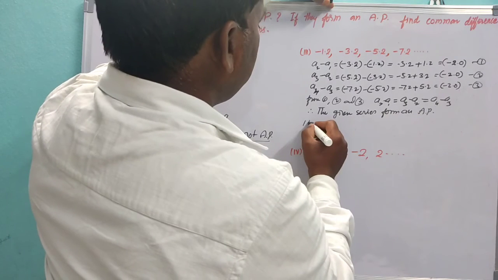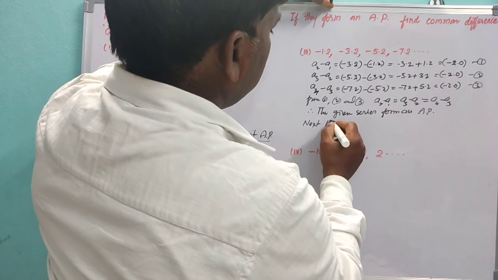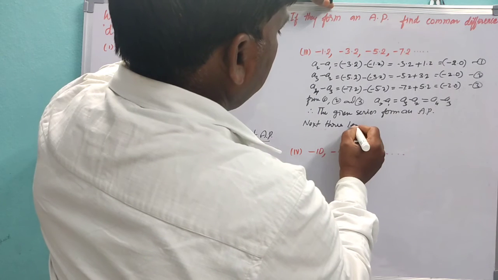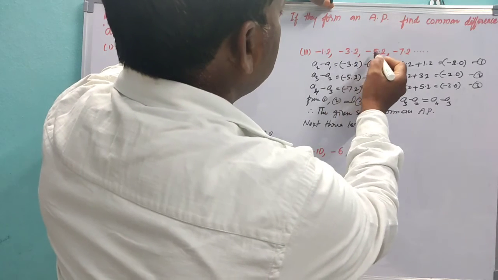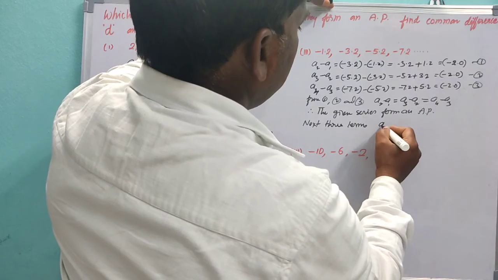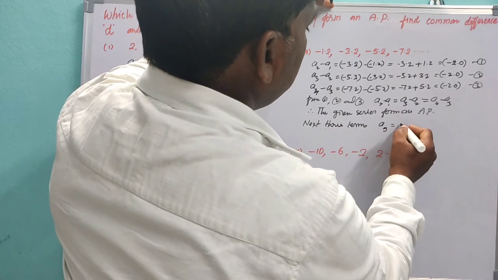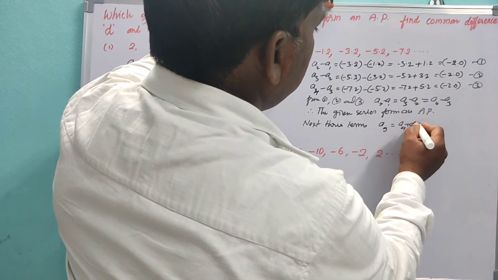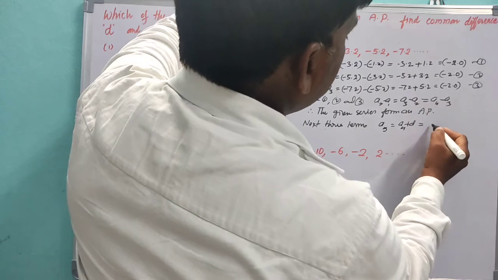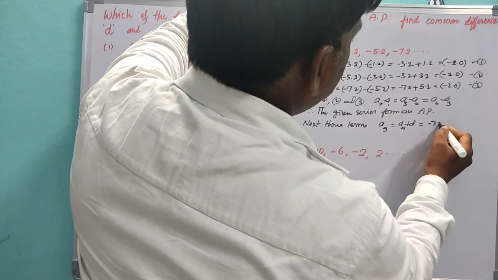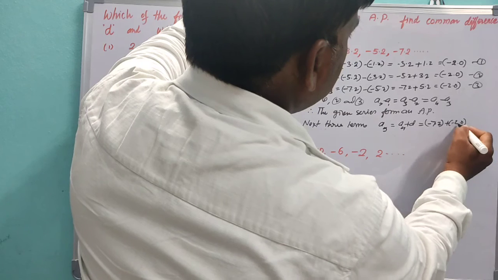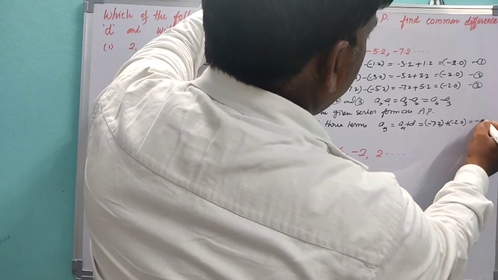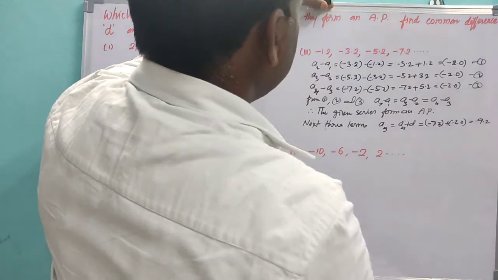So next three terms. So first, second, third, fourth and fifth term. So the fourth term plus D, which is equal to, what is the fourth term? Minus 7.2 plus minus 2.0. So this is the common difference, which is equal to minus 9.2.